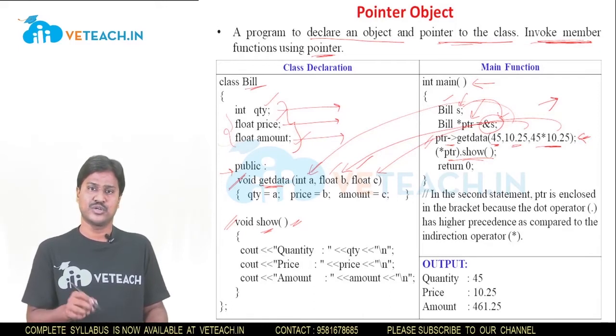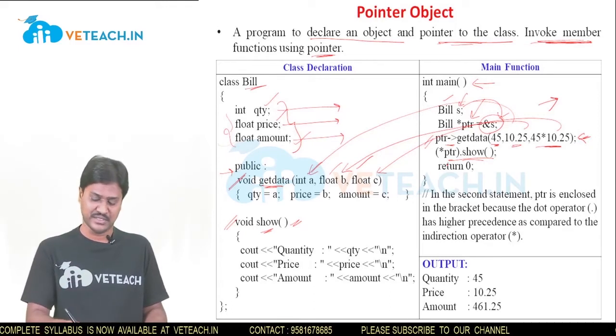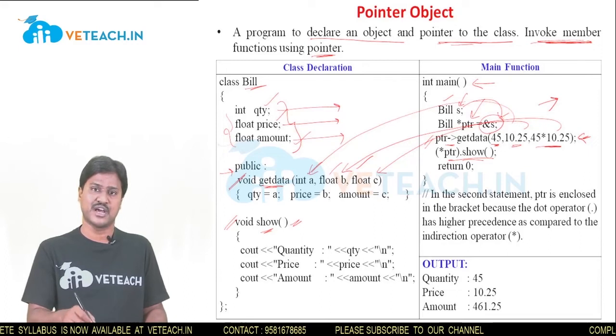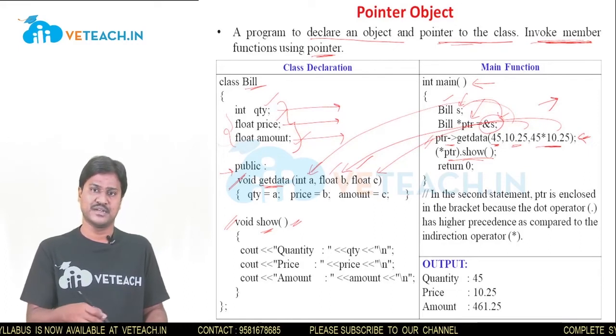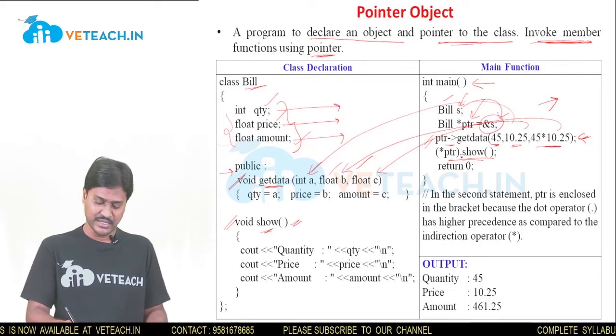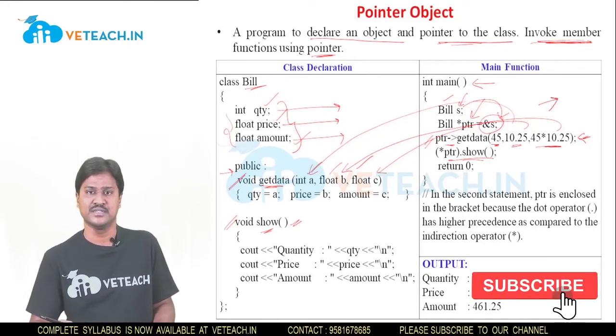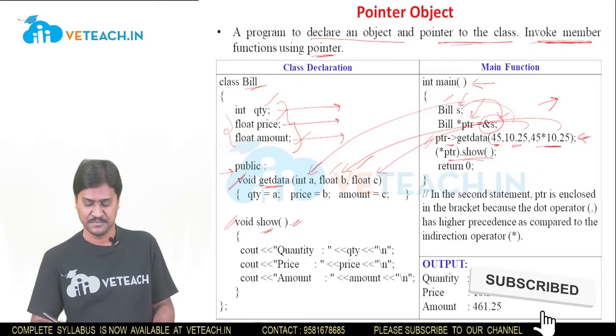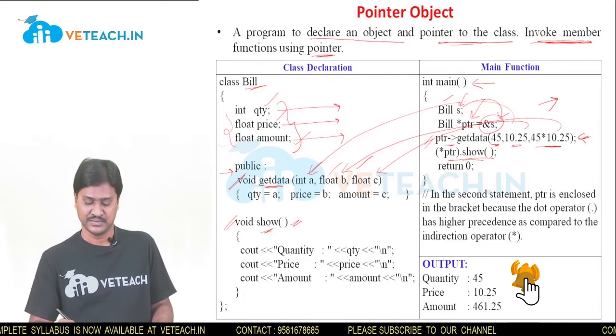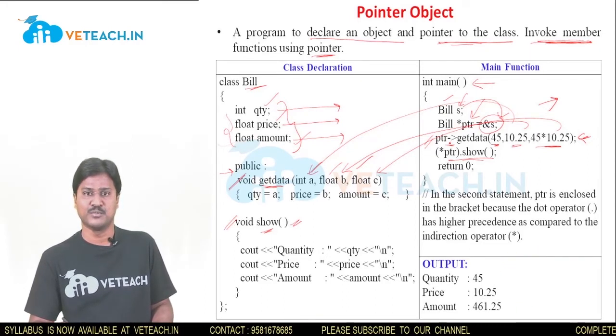To overcome this, we use parentheses and include *ptr in them, which raises its priority so that we can call the show function using the dot operator. With the arrow operator, there is no problem.